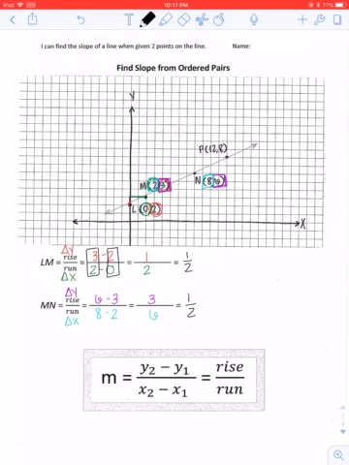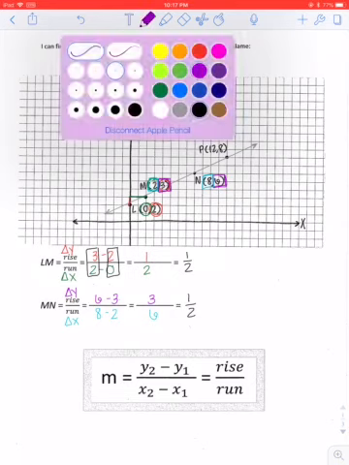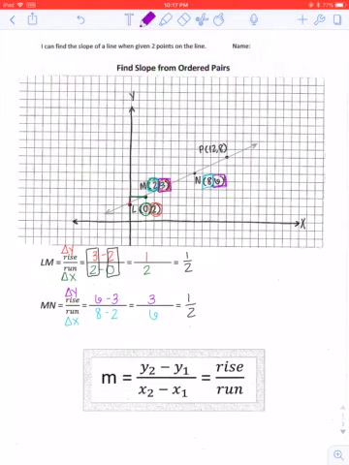So what we are doing mathematically is we are taking those 2 ordered pairs and we are saying, okay, I'm going to subtract my 2 y values. So in our second example with M and N, I'm going to take my 6 and my 3 and subtract those to get my rise value, which is 3.